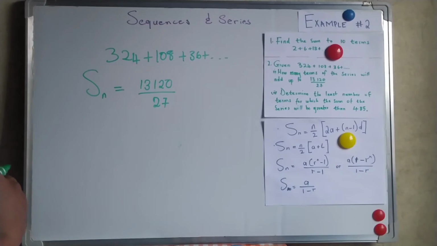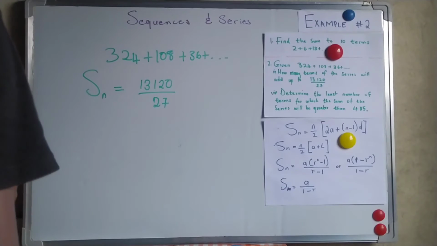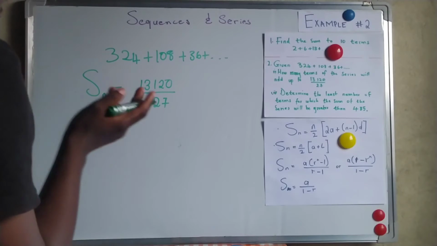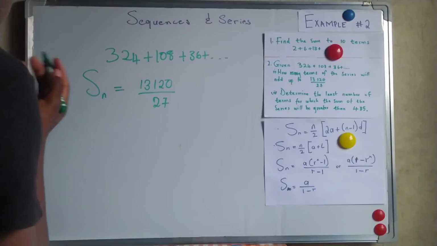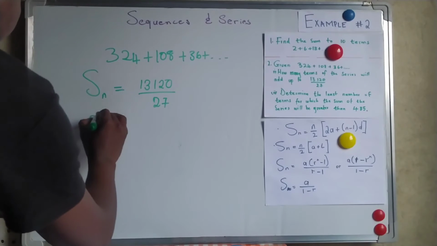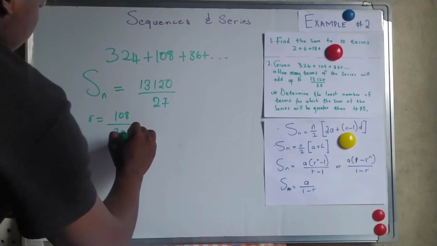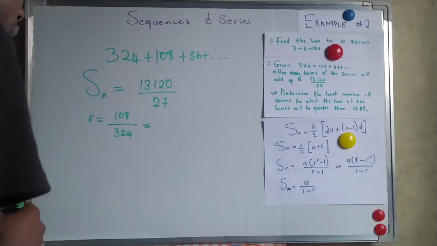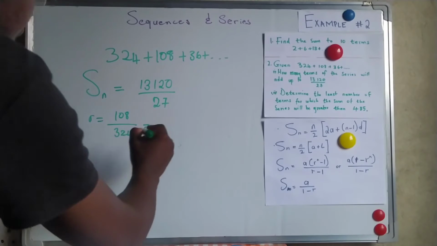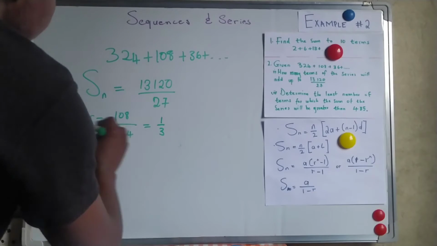So we're going to start out by determining what our r is before we can choose which formula to use. So you'll say, okay, r is 108 all over 324, which is equal to how much? It's equal to 1 over 3.